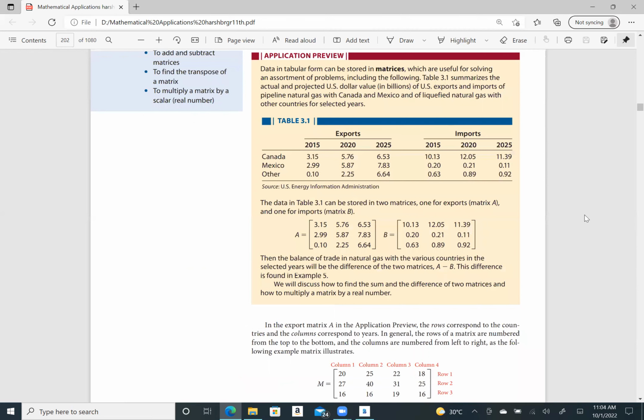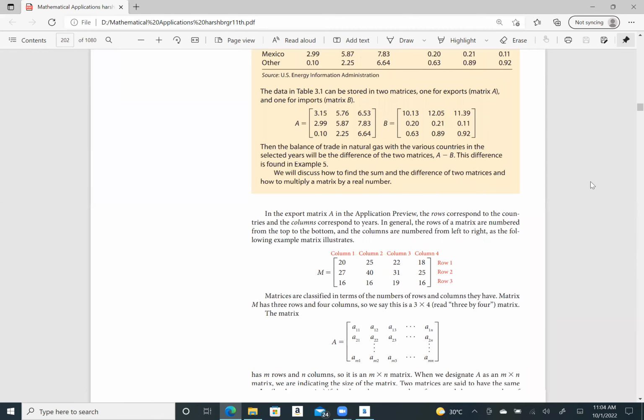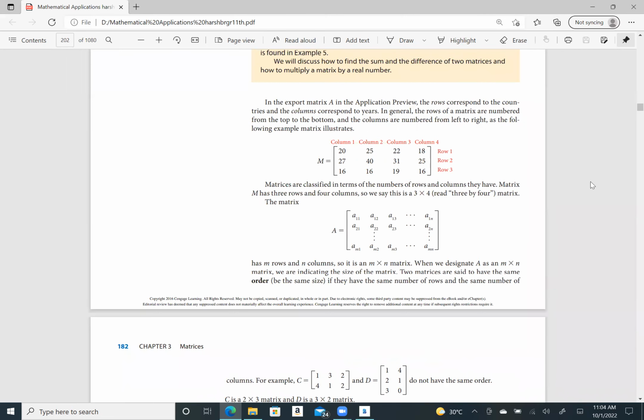Now, what is a matrix? A matrix is simply an array of numbers. They are arranged in terms of rows and columns. What is a row?